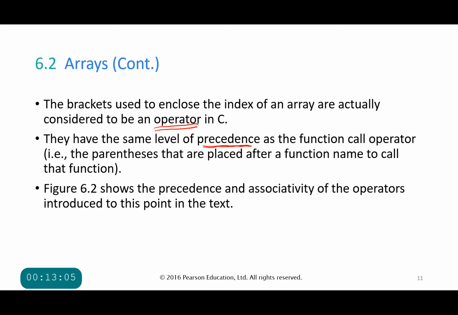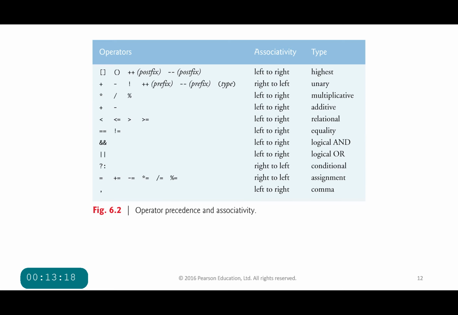Since these are brackets, they are evaluated first. They are given the highest priority, just like your normal parentheses. This table shows the precedence: the square brackets and the parentheses, or round brackets, have equal precedence, followed by addition, subtraction, multiplication, etc.